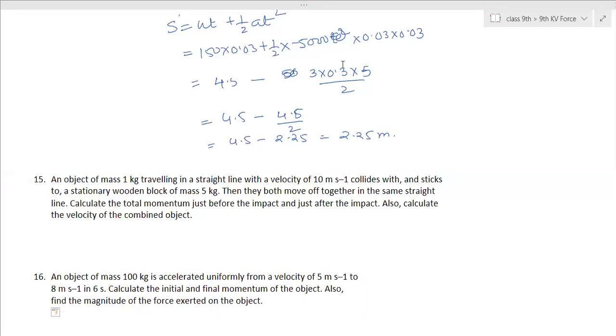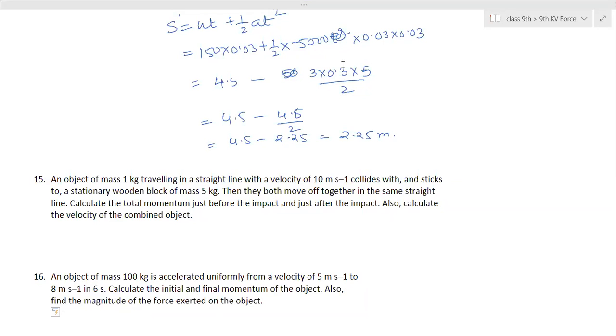Total momentum means the momentum of the object is 10. Read the question carefully. And just after the impact is also 10.